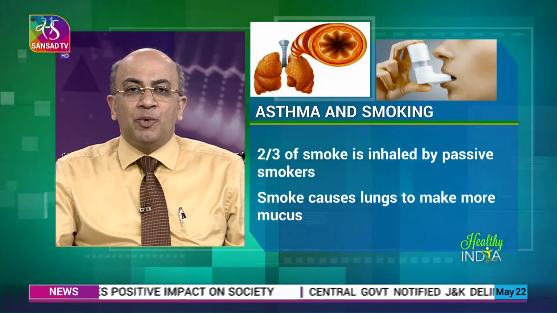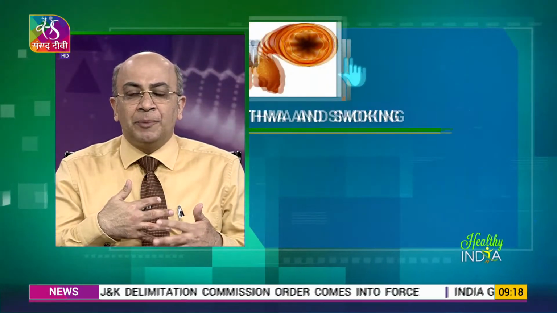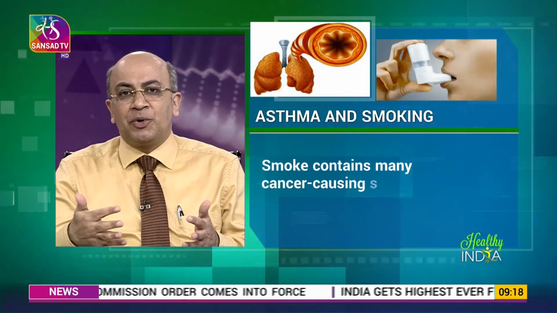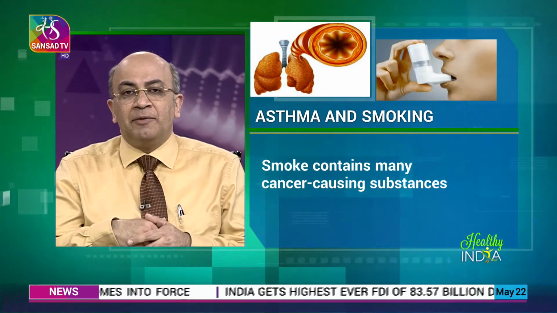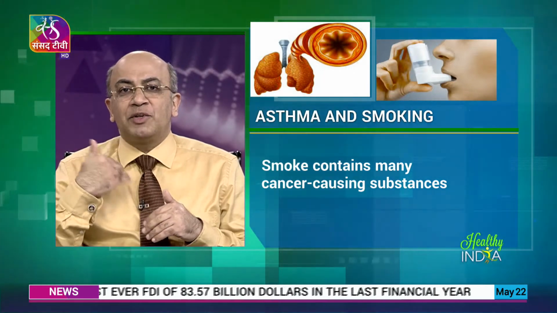This smoking does not necessarily have to be by the smoker himself. That is called active smoking, and even passive smoking can be equally harmful. In fact, what we don't realize is that the smoker himself is only inhaling one third of the smoke into his lungs. Two thirds of it is actually coming out into the environment, which the innocent bystander is breathing in and harming themselves.